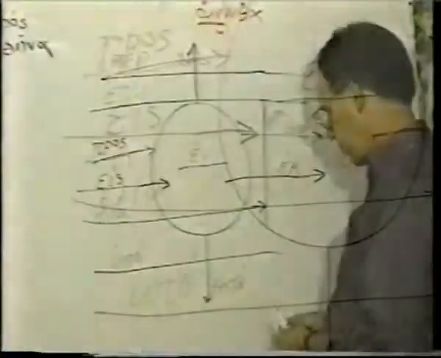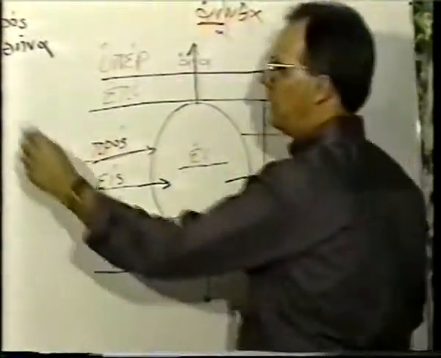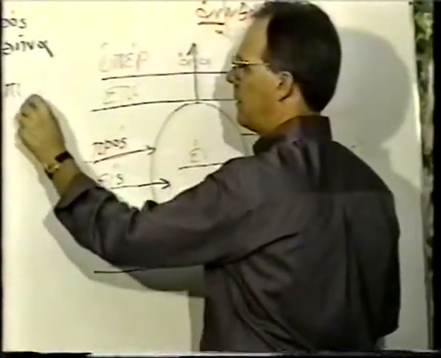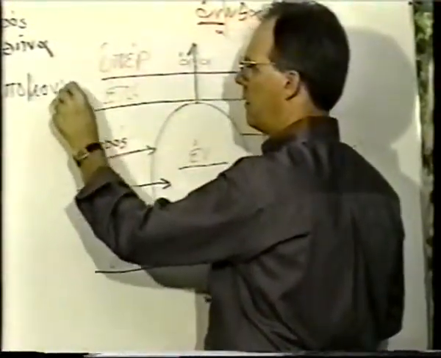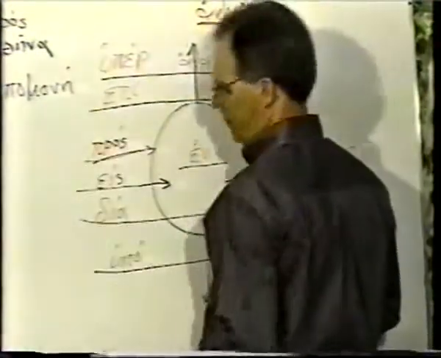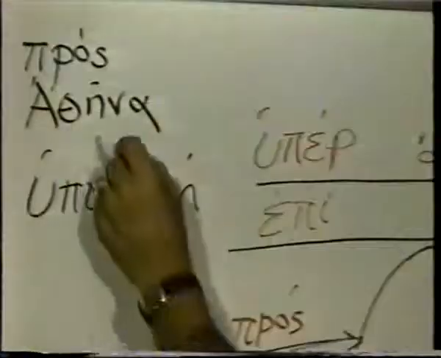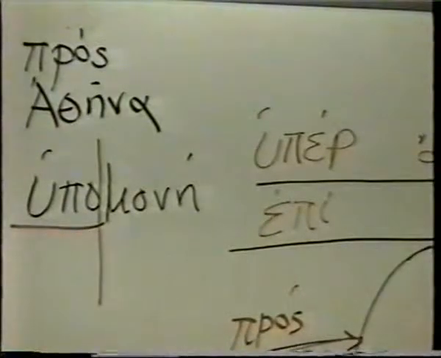It looks like this. Hypomoni. You can see here the hypo. We don't have time to give you an etymology of the word, but it's a very precious word. Study it sometime on your own. However, hypo means under, and we see here it is under the circle.